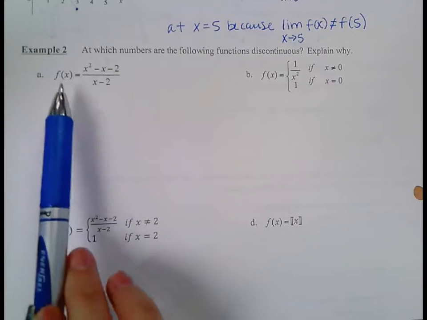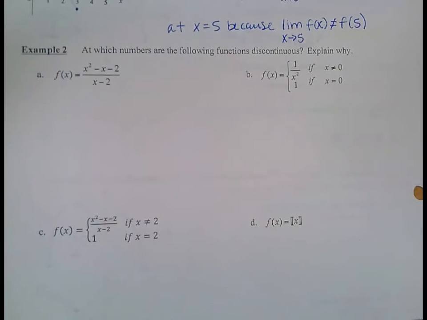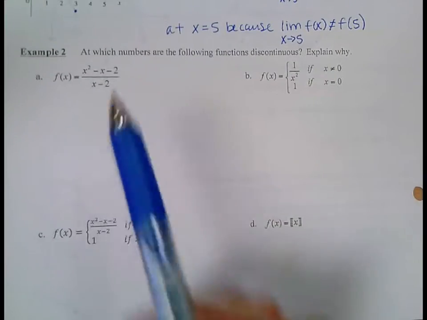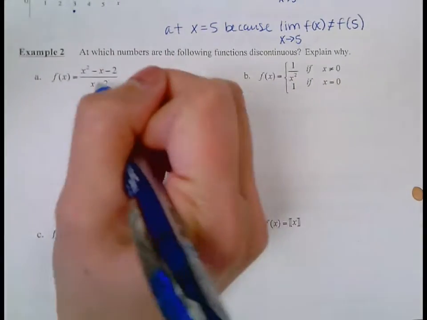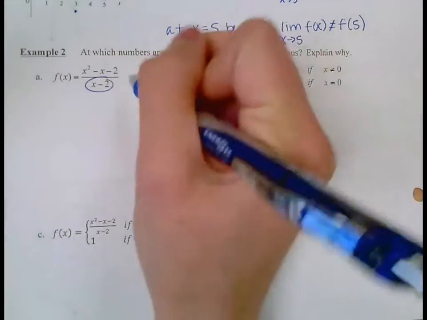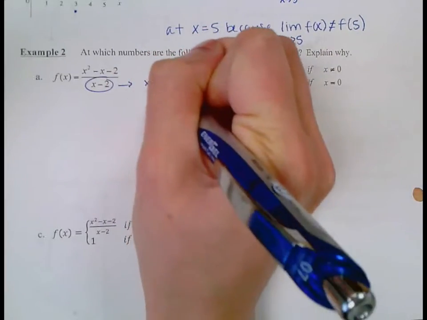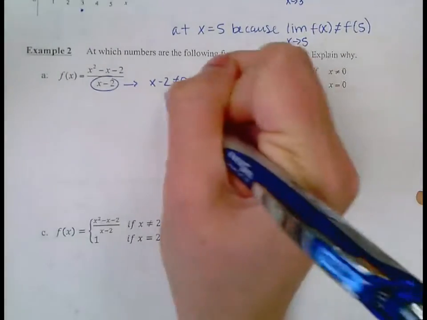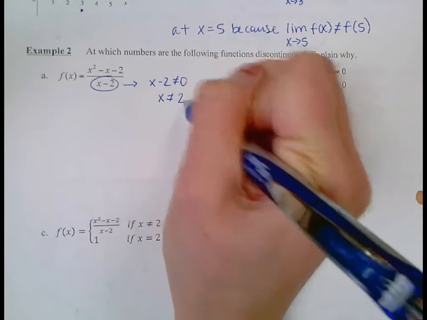So if we look at A, taking a look at this function, does anything stand out to you in terms of where this function might not be continuous? And why at 2? Okay, so if we just find the domain of this function, looking at the denominator, I know x minus 2 cannot be 0, meaning x cannot equal 2.